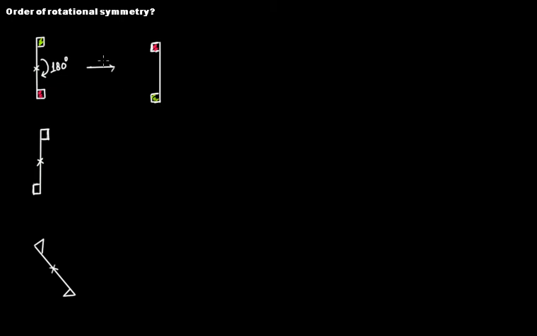Tell me, is this exactly the same as the initial one? No, because in this figure, this portion is actually towards the left, right, and in this one it's towards the left, right?